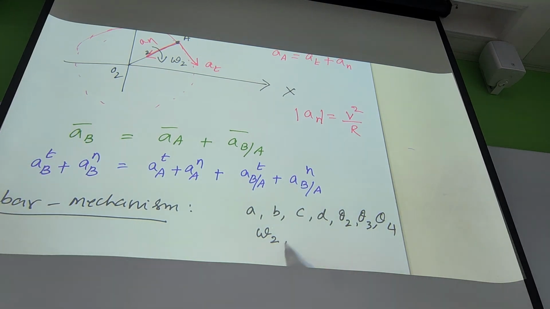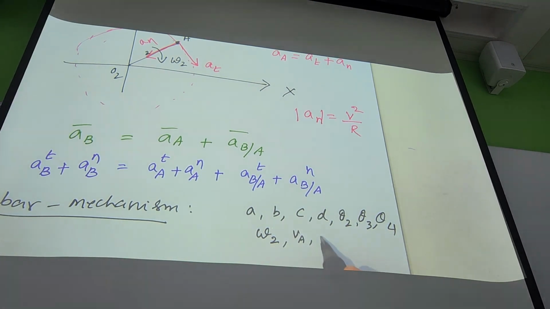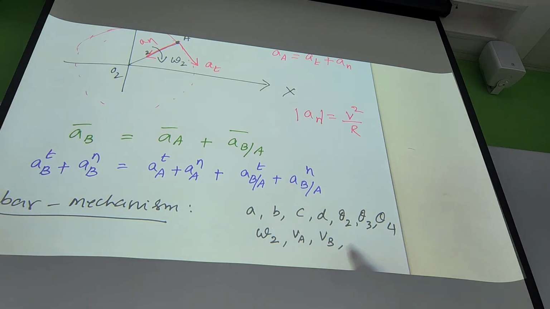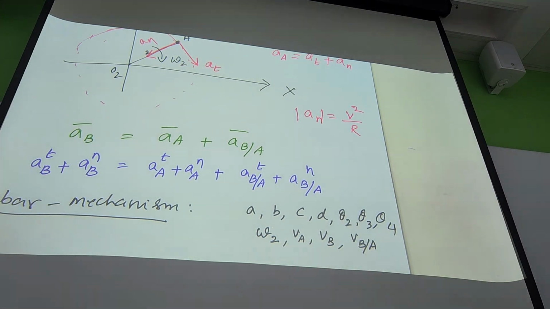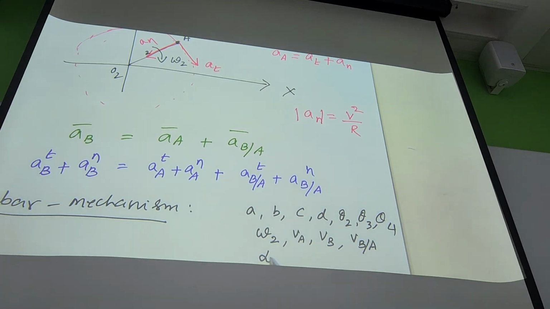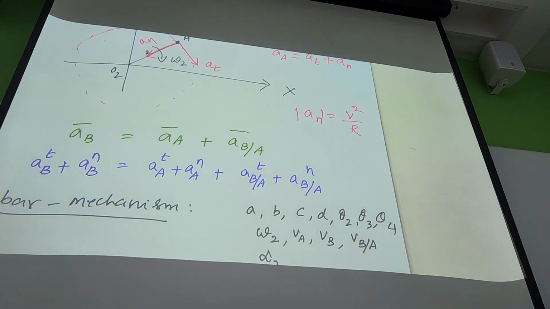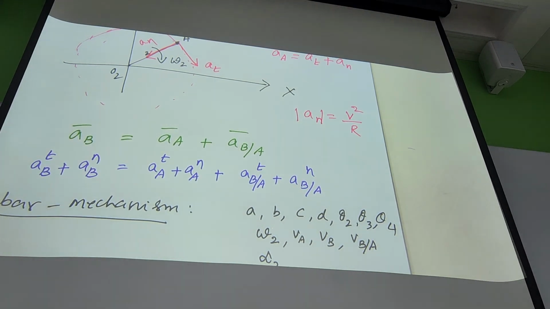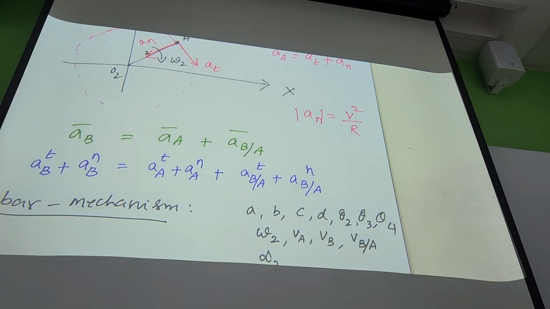We know velocity of A, velocity of B, and velocity of B to A. In addition to all these things, we will also be given the angular acceleration alpha 2. So the angular acceleration of link 2 will be given.